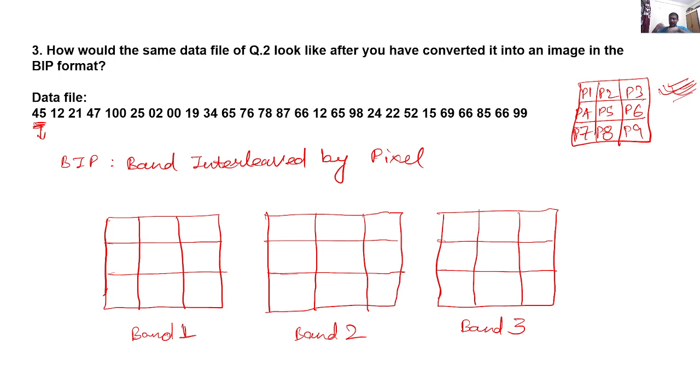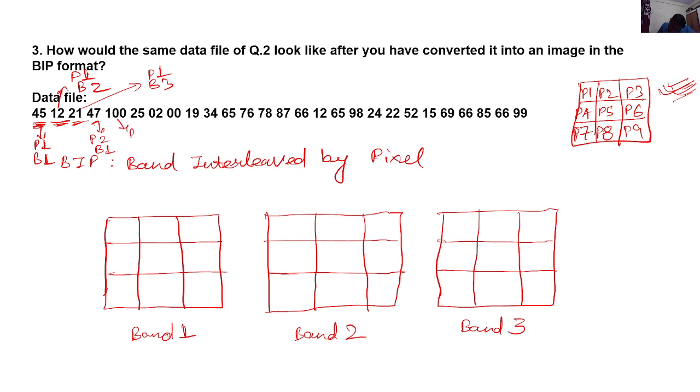Yes, sir. Okay, thanks. So let us fill it. 45 would be put into pixel location 1 of band 1. 12 would be put into pixel location number 1 but of band 2. 21 would go to pixel location number 1 of band 3. 47 will go to P2 but of band 1.